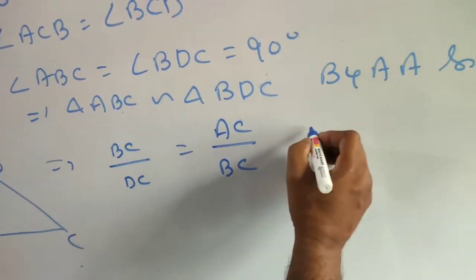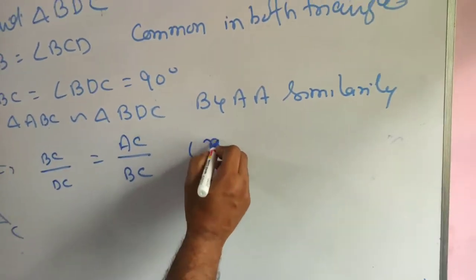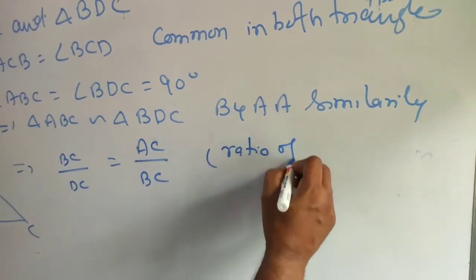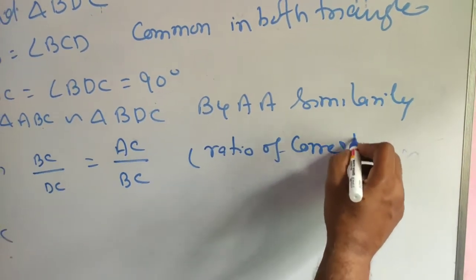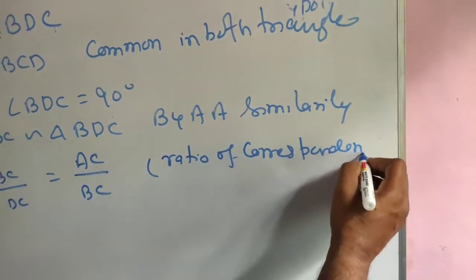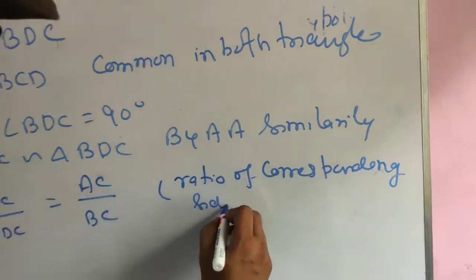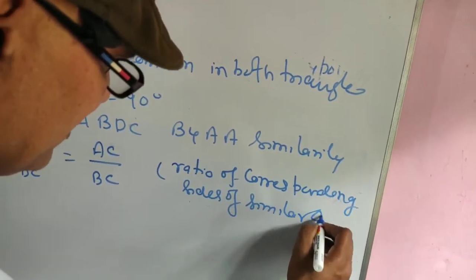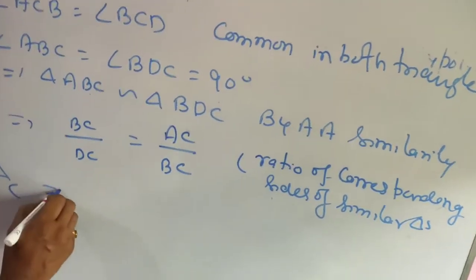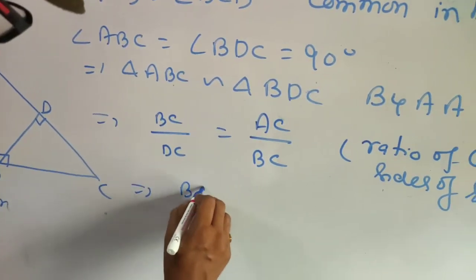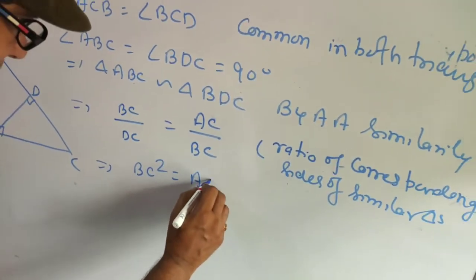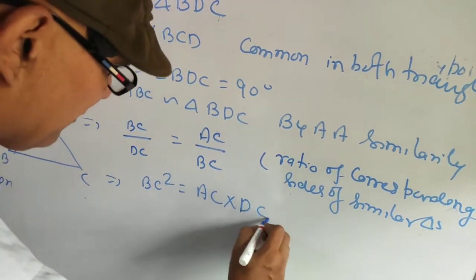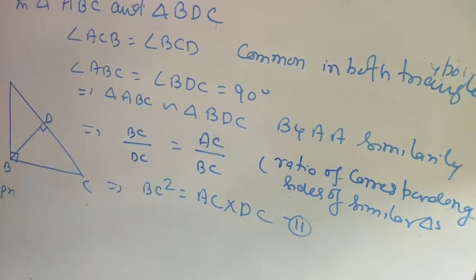So, ratio of corresponding sides of similar triangles. Now again taking cross multiplication, BC square is equal to AC into DC. This is 2.